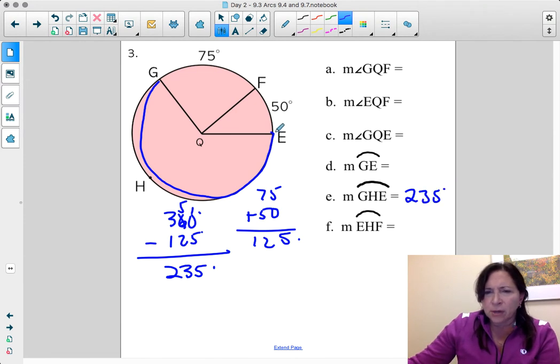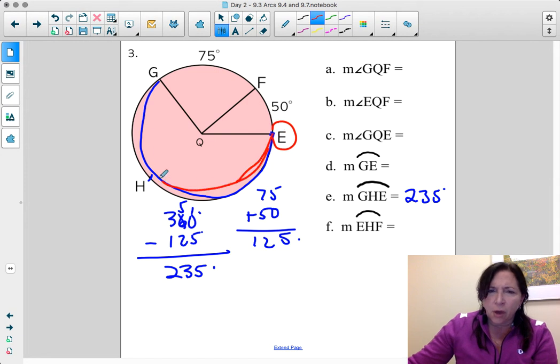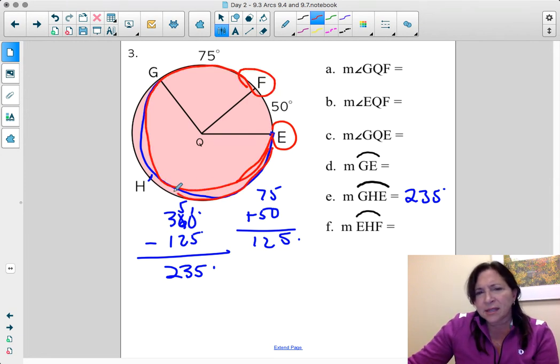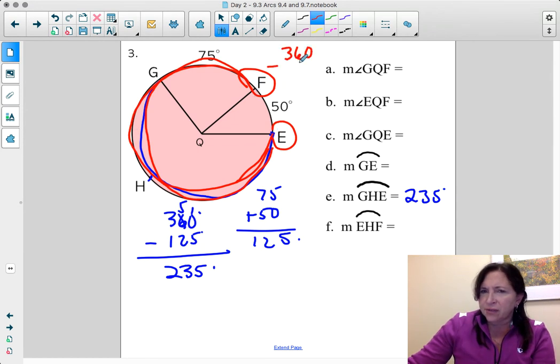Then we are looking for EHF. That goes from here all the way around to here, which basically means going all the way around, 360 degrees, minus 50. So 360 degrees subtract 50 degrees is 310 degrees. So this one would be 310.